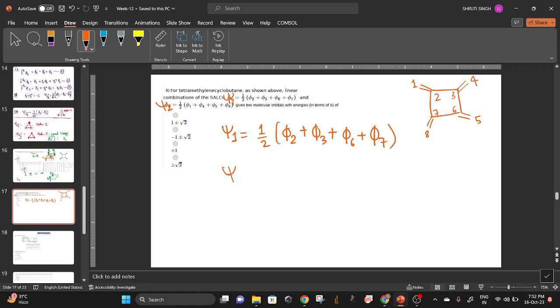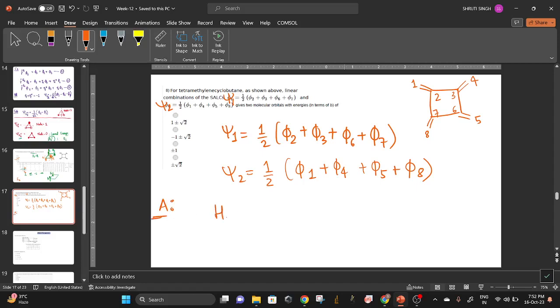So they form a group 1, 4, 5, 8. Okay. Now these two representations are totally symmetric representation. So it belongs to totally symmetric representation.